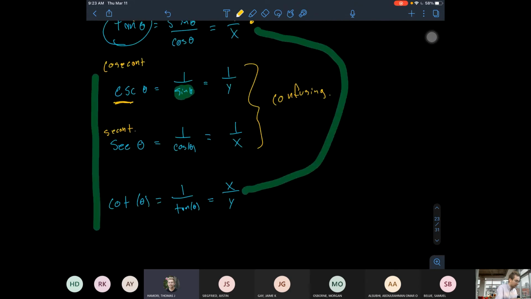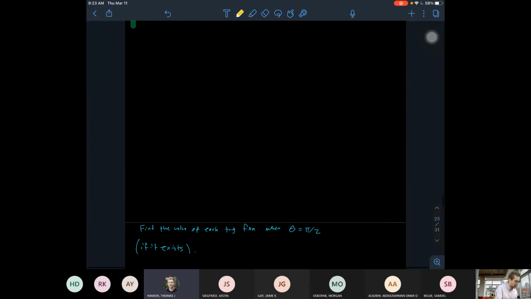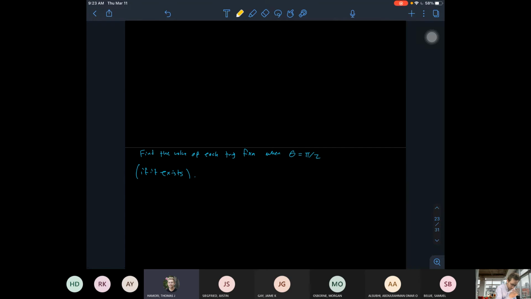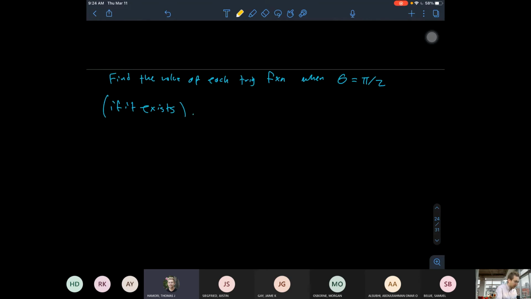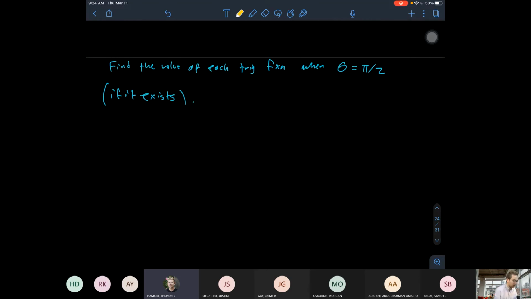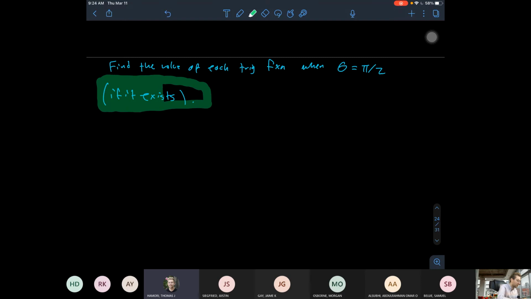Okay, so now that we have all these other trig functions, let's do another practice example. We want to find the value of each trigonometric function when theta is equal to pi/2, if it exists. From the way this question is worded, we should already be thinking that maybe some of these are not going to exist for some reason.